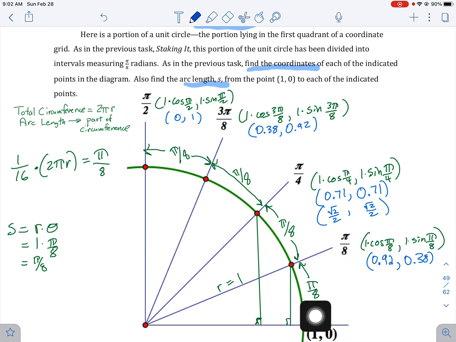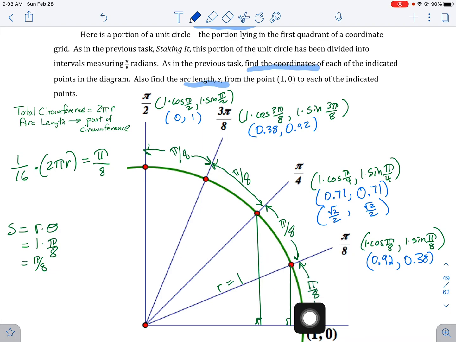So for example, this very first arc here is 1/16 of the distance around the circle because it's split into 4 pieces and there's 4 quadrants, so it's 1/16. So 1/16 times 2 pi r, where r is equal to 1, would be pi over 8.